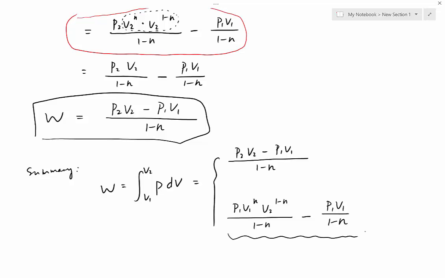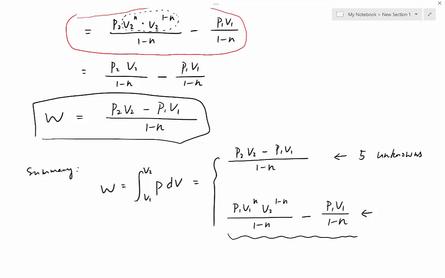Why? Because if you take a look, if you use option number 1, how many unknowns do you have to find? P1, P2, V1, V2, and N. So in total, you have 5 unknowns. However, if you use the second option, even though it doesn't look as nice as the first one, it's longer, it's uglier, let's count how many unknowns you need in option number 2.